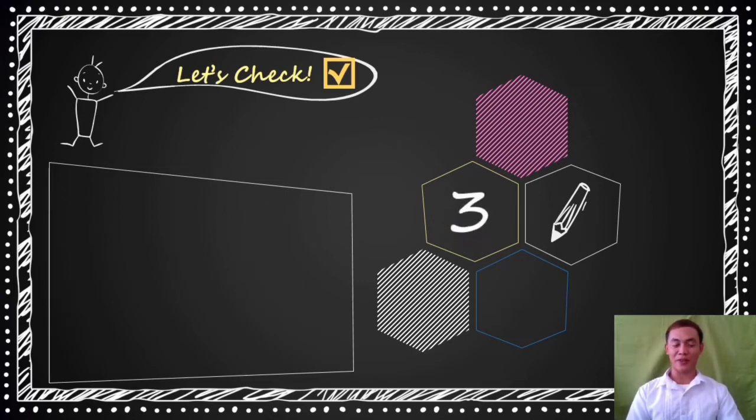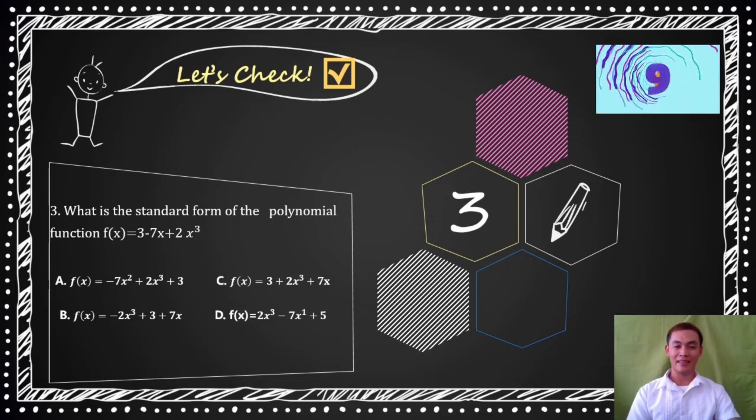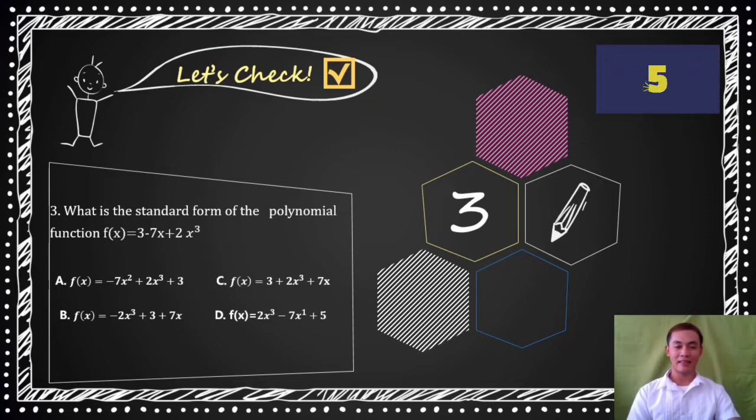Let's proceed to question number 3. What is the standard form of the polynomial function f of x equals 3 minus 7x plus 2x cubed? I will give you 10 seconds. Have you got the correct answer? If your answer is letter A, that is correct.